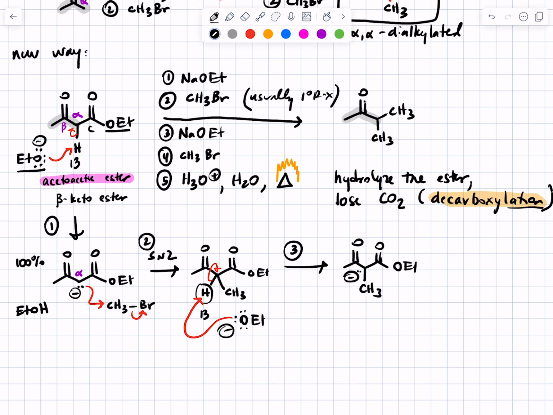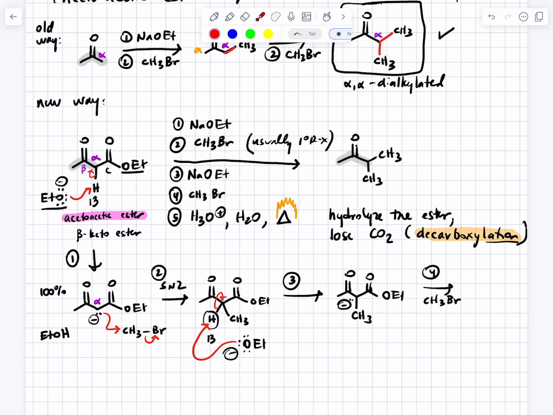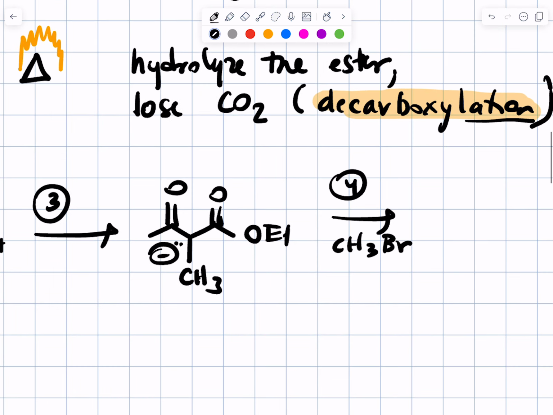Step 4 will be to introduce, again, another equivalent of alkyl halide. For our purposes, since our target is this molecule in which we have 2 methyl groups on the same alpha carbon, we will use the methyl bromide electrophile. Of course, if we wanted to make something different, we could do so.